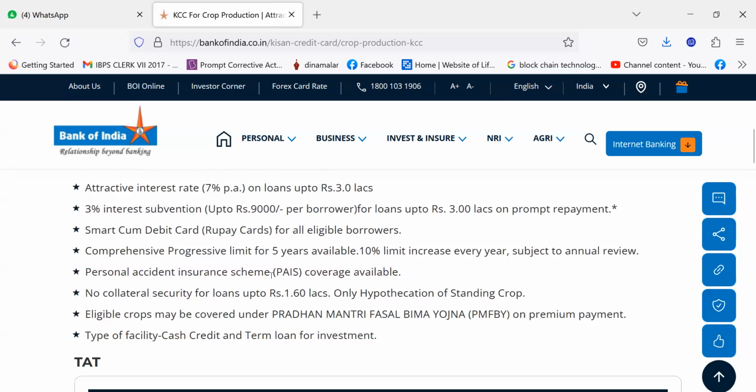Personal accident insurance scheme coverage available. No collateral security for loans up to rupees 1.6 lakhs, only hypothecation of standard crop. Eligible crops may be covered under Pradhan Mantri Fasal Bima Yojana on premium payment. Type of facility: cash credit and term loan for investment.